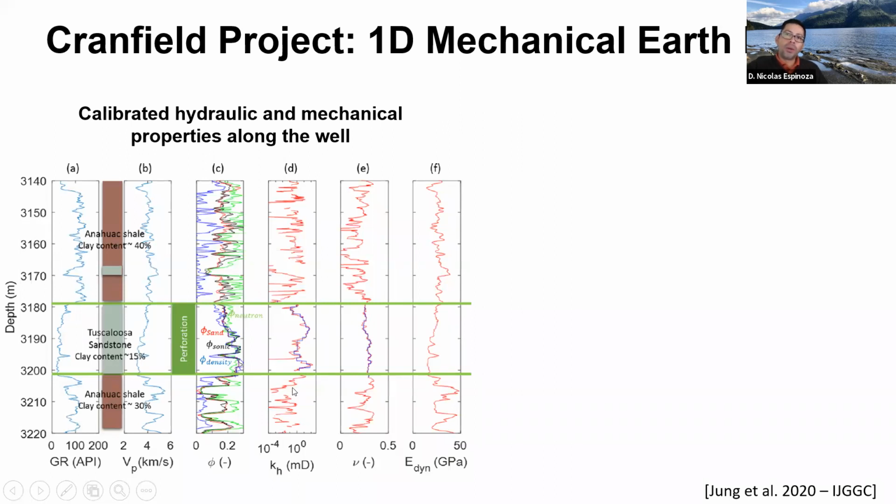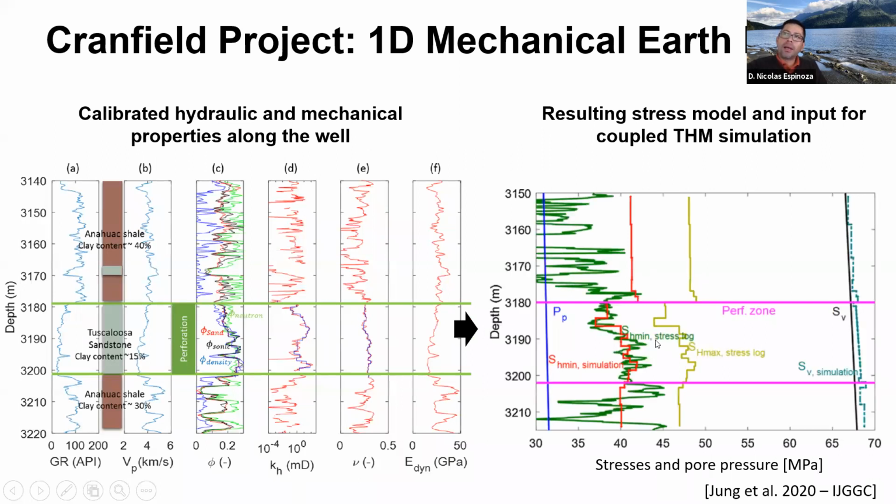With your sonic logs and other logs, you can create and fit the variation of stress with depth and measure more accurately the variation of this minimum horizontal stress in the formation.